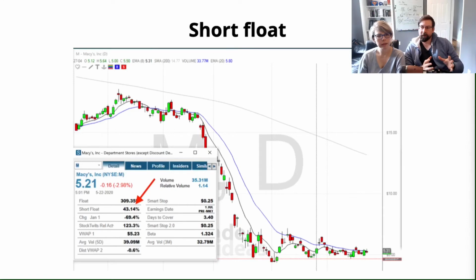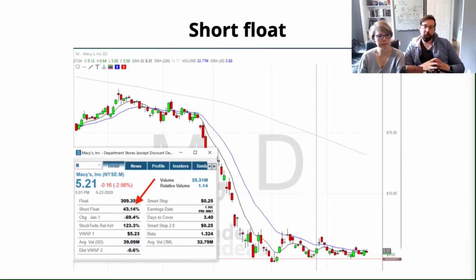You can hold shares forever with no detriment, but you can't short shares forever because there are a couple of detriments. Unless Macy's goes bankrupt, at some point half of Macy's float has to be bought. You have to go to the market and buy it. That could be 10 years, but it is a finite position.